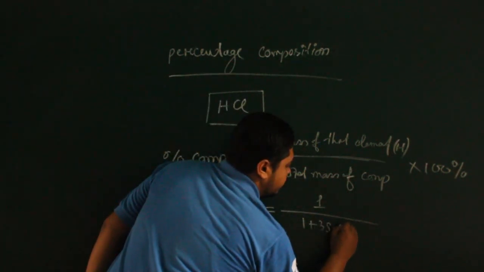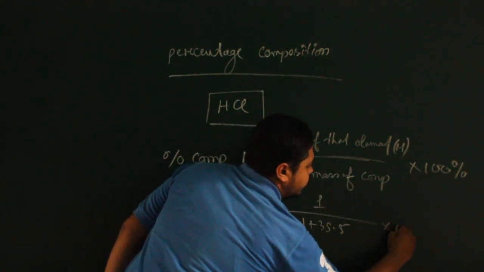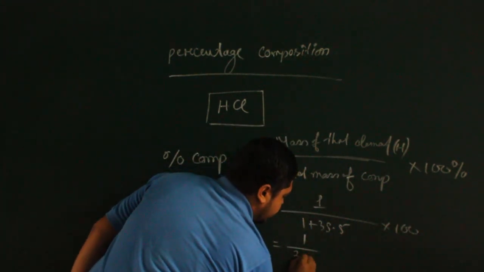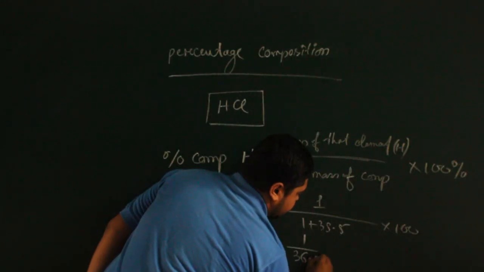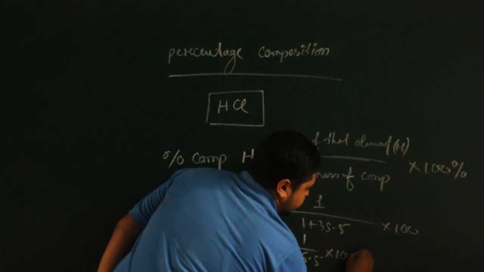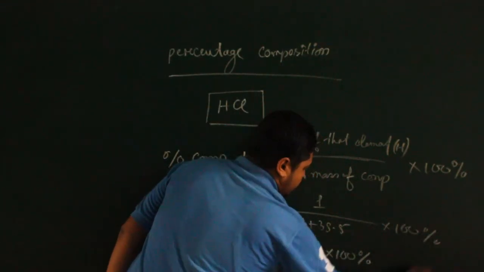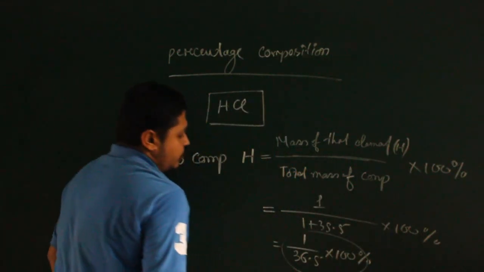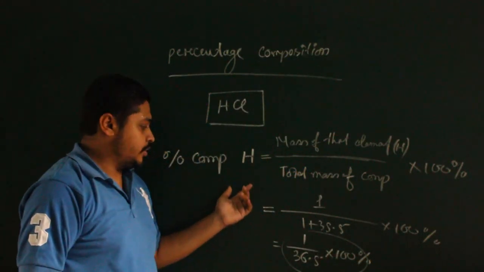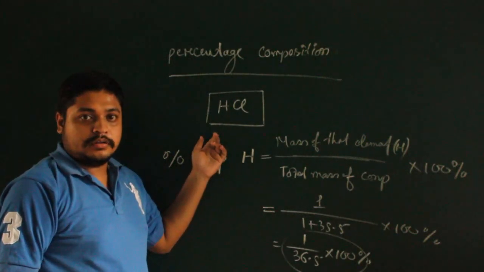So 1 divided by 36.5 into 100%. When we calculate this, we get the percentage composition of hydrogen in the HCl molecule.